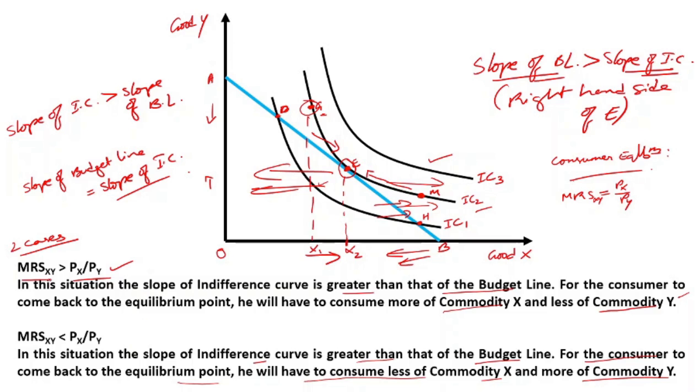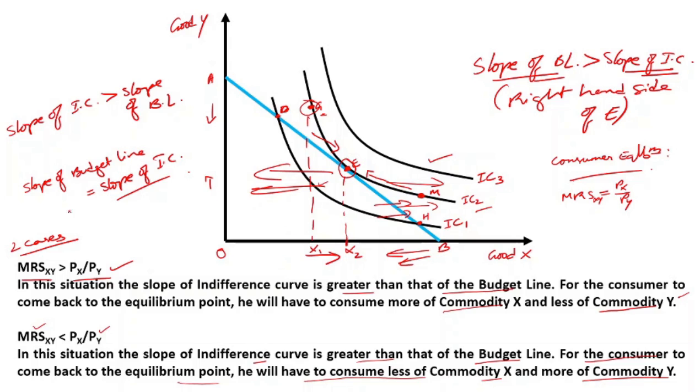When the slope of the indifference curve is higher than the slope of the budget line, the consumer will keep on increasing the consumption of X and reduce the consumption of Y. On the other hand, when the slope of the budget line is higher than the slope of the indifference curve, the consumer will keep on consuming more of commodity Y and less of commodity X. Hope you will remember this.